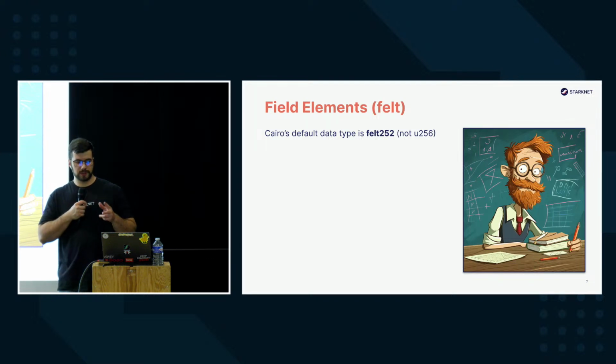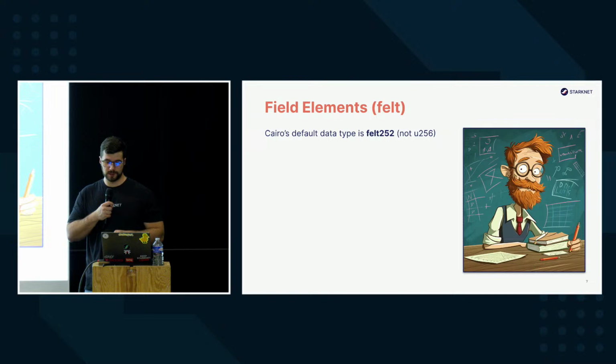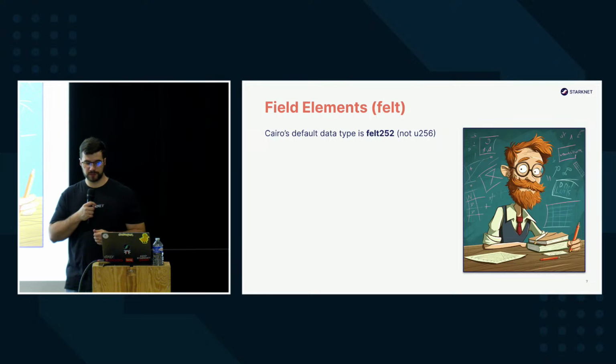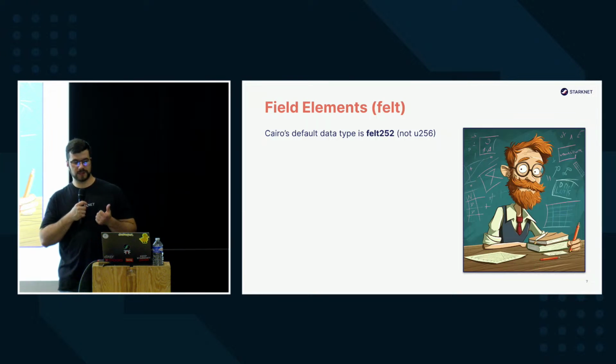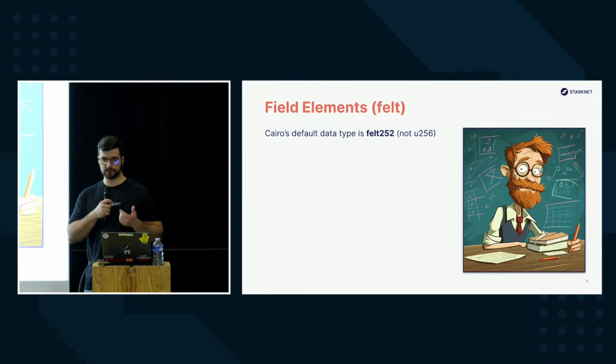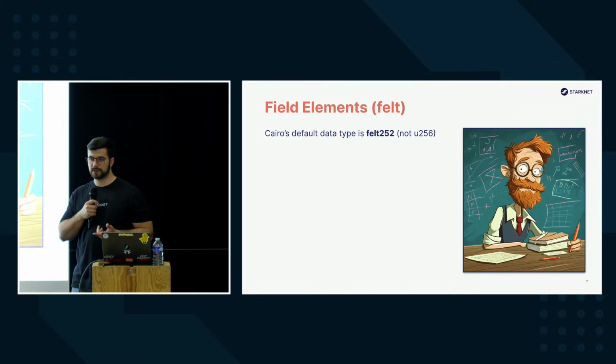Now, if you compare these two, in Solidity we have the default type uint256, but there's quite a big difference between these two. First, if you look at their size, the felt252 is smaller in comparison to the uint256, and second, it's a field type element. So this brings some interesting properties to it.